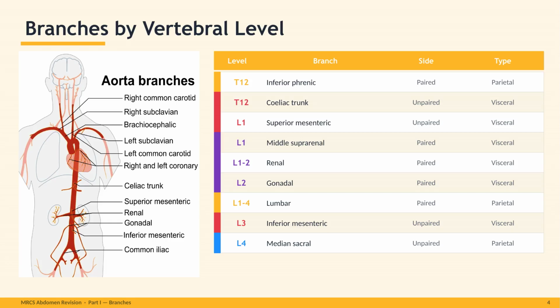And finally, at L4, the median sacral artery, unpaired, parietal, and that same level marks the bifurcation of the aorta itself. If an examiner asks, where does the SMA arise, you answer L1, just below the celiac, without hesitation.